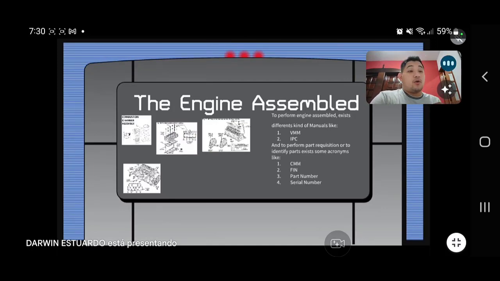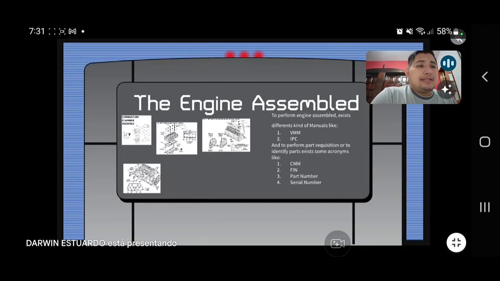It covers rings, pistons, other pieces like sensors, wiring, the starter, all the things that involve the engine.